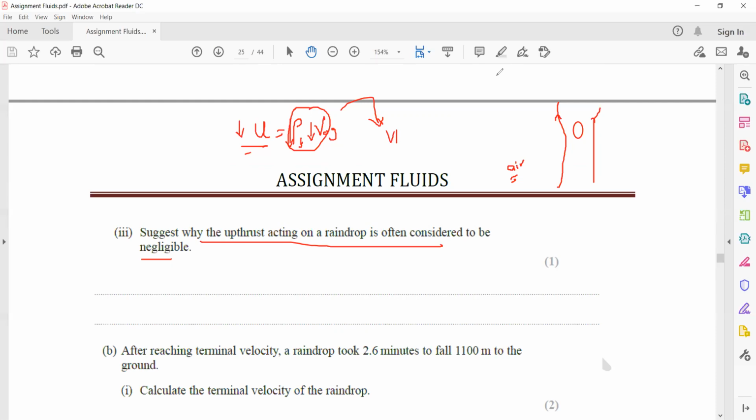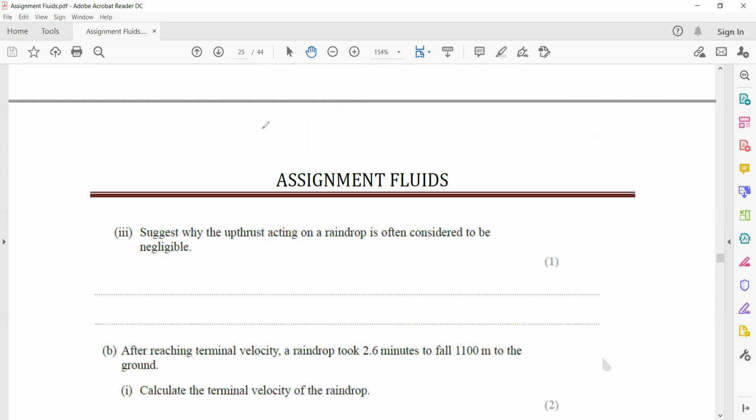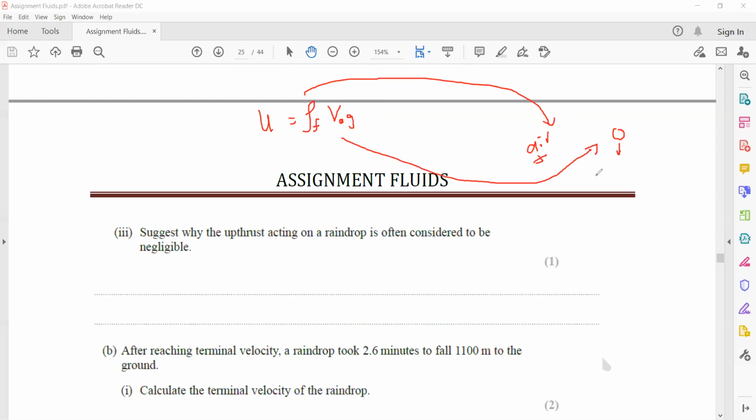The upthrust force on the object depends on the density of the fluid through which the object is moving, the volume of the object, and gravity. As the raindrop is falling, the fluid around it is air. The density of air is negligible, meaning a small value. Same thing, the volume of this raindrop is very small. So when we multiply, the product comes out very small, so it can be neglected.